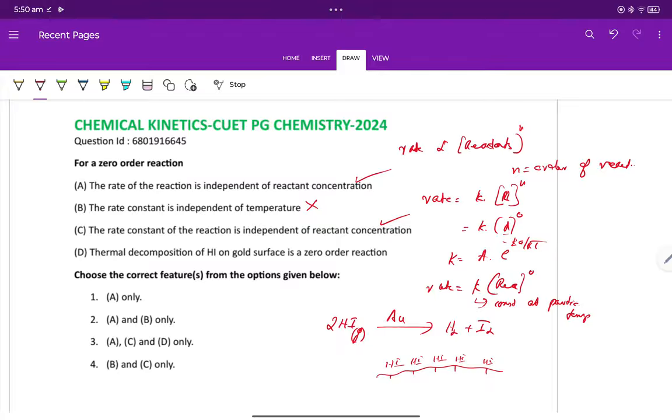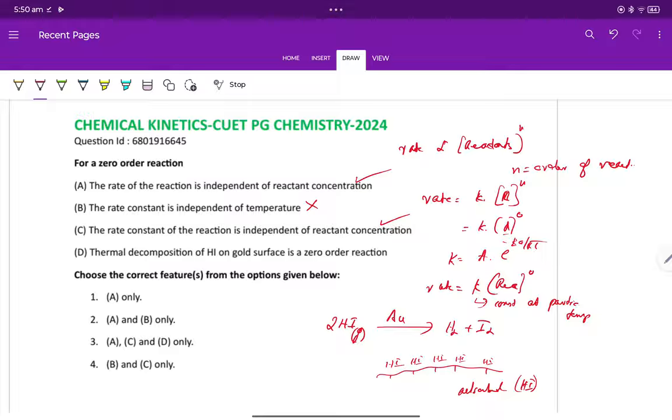So the thermal decomposition of HI on gold surface is a zero order reaction. The adsorbed HI molecule is reacting in this case. In the gaseous phase, it appears to be a constant.